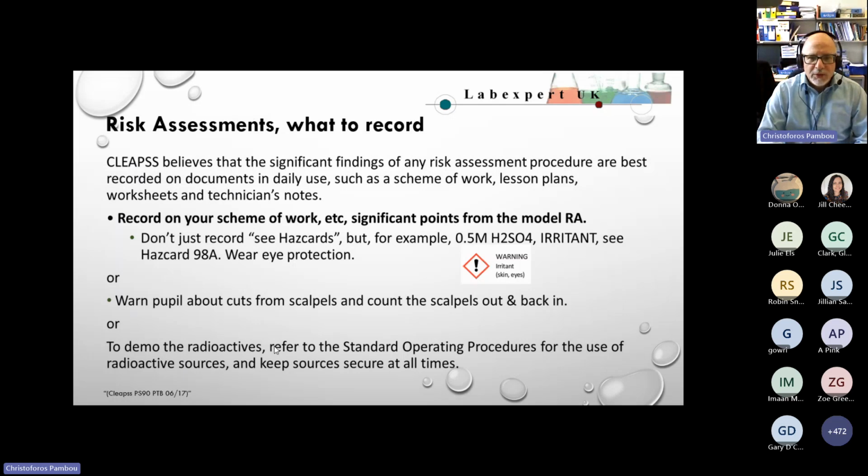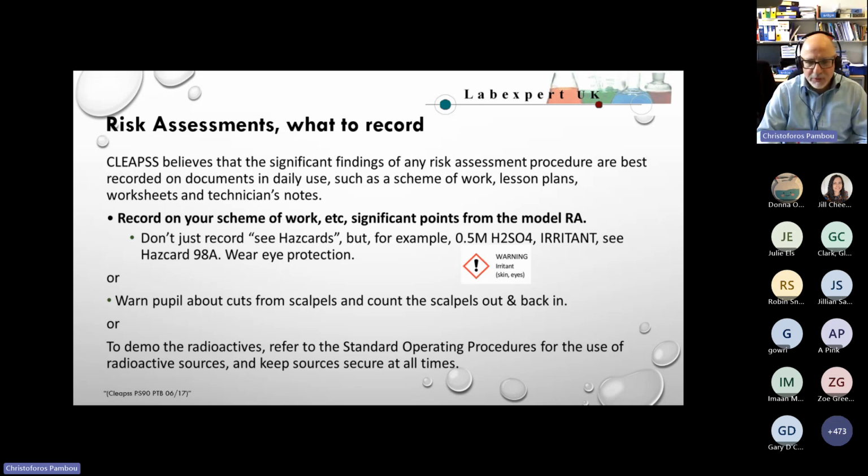And what do we need to record? CLEAPSS believes that significant findings of any risk assessment procedures are best recorded on documents in daily use, such as a scheme of work, a lesson plan, worksheets, or technician's notes. So we record on our scheme of work the significant points of the model risk assessment.